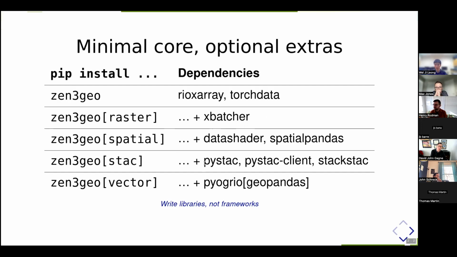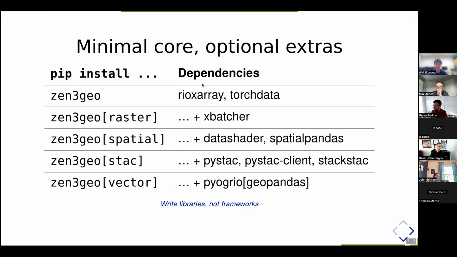If you're a big fan of STAC type stuff like pystac-client or stackstac, you can pull in the stac extras, and that will give you all of those. If you're working, say, with vector datasets, FlatGeobufs, GeoJSONs, etc., you can pull in the vector extras as well, which will give you geopandas, pyogrio.